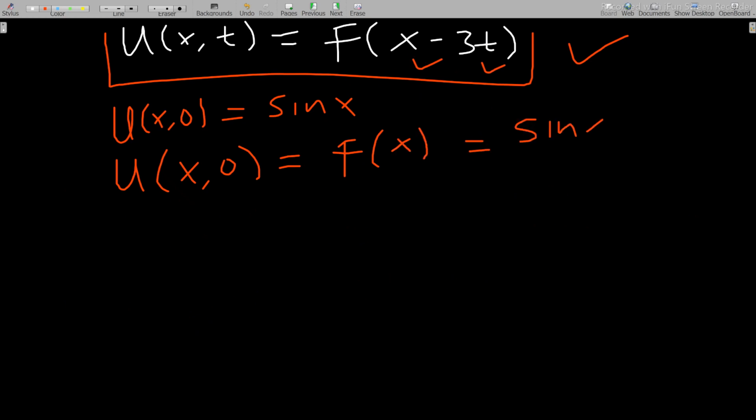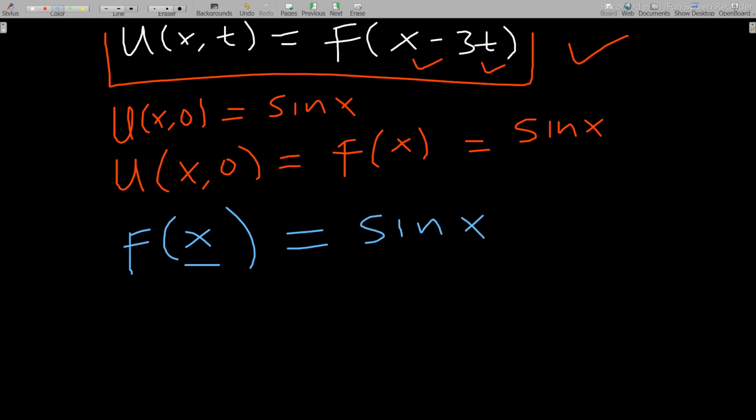Sine x. I hope you understand this. So it means for every f of something in the bracket, the answer is sine of the same thing that is in the bracket.